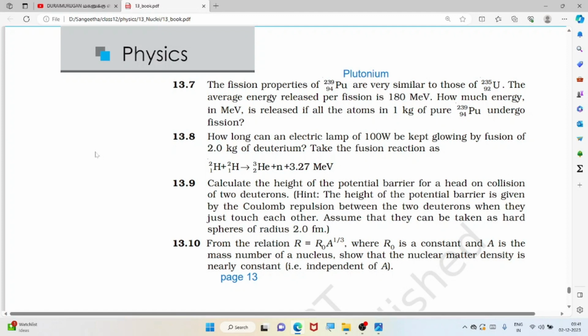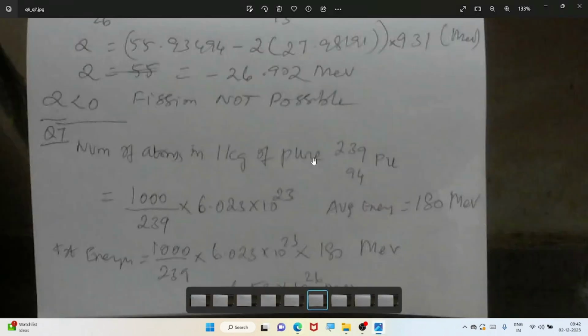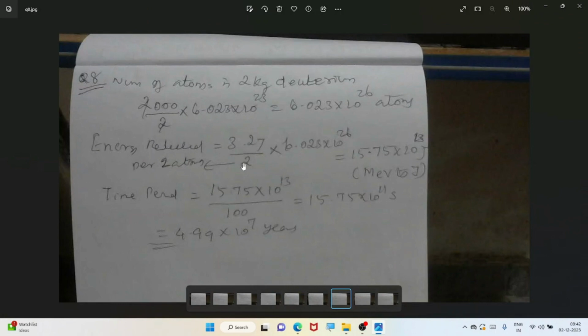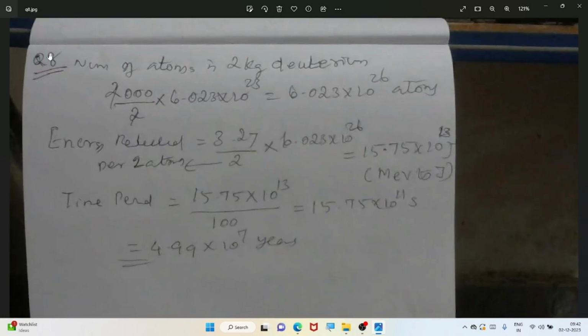How long can an electric lamp of 100 watts be kept burning by the fusion of 2 kg of deuterium? Take the fusion reaction. Number of atoms in 2 kg of deuterium: this is the molar mass of deuterium. 2 kg means this many atoms will be there.